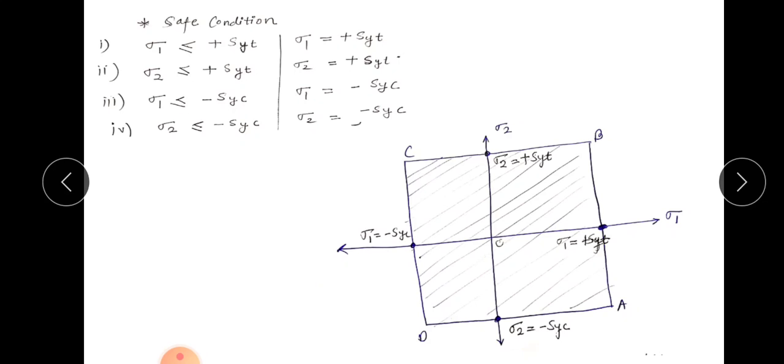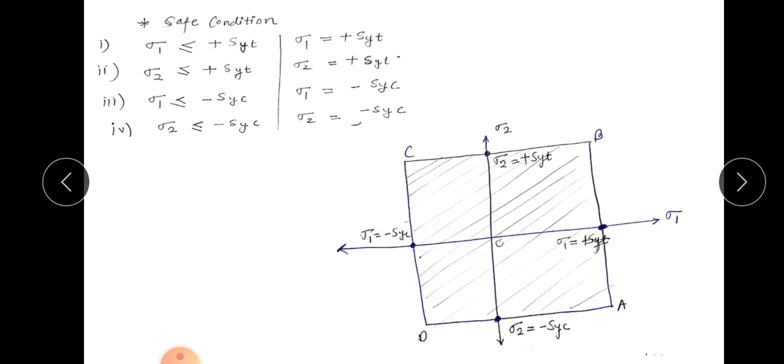Now, for the same material, you will take a specimen and conduct a simple tension test subjected to uniaxial tensile load. You will get some mechanical properties like SYT or SUT, ultimate tensile strain, percentage elongation, yield strain. Now let us say you are getting a SYT value. What will we do? You will compare this sigma 1 with SYT.